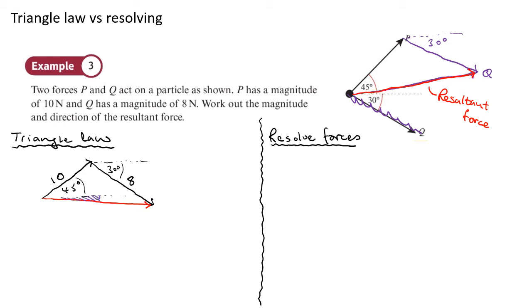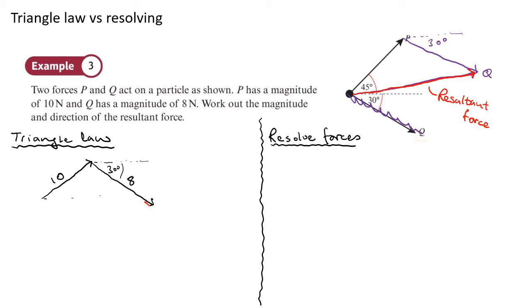Now this is only a sketch. My force may not actually look that length, or it may actually be pointing up rather than down. It's just to help me do the working for this question. And actually it probably wouldn't look quite like that because the 10 is longer. It should be longer than the 8. So let's maybe make it a little bit more accurate so that we don't get confused. And all we'll do is we'll make that 10 longer than the 8.